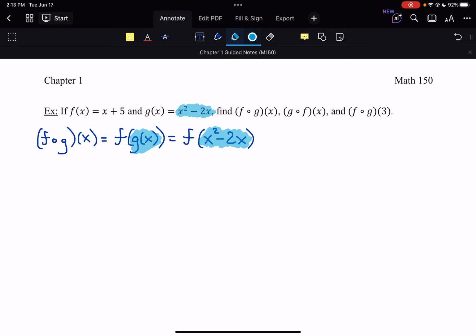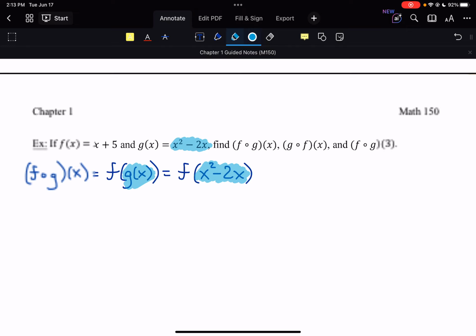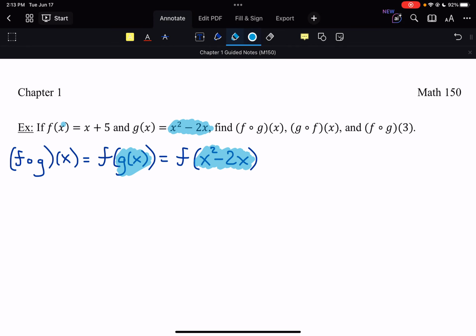So remember in the last section we looked at, you can plug in all sorts of things, not just numbers. You can plug in expressions and different variables into a function. So this x squared minus 2x is replacing x in this formula, just directly substituting in.